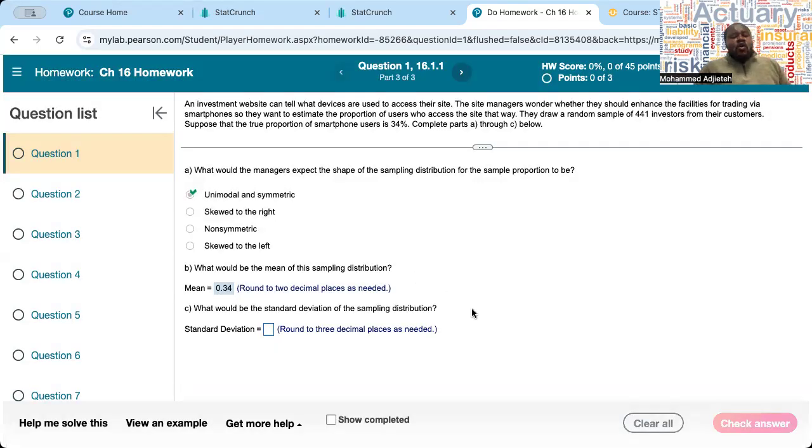The next one is, what would the standard deviation of the sampling distribution be? I just asked you to write that down. So we know the standard deviation.